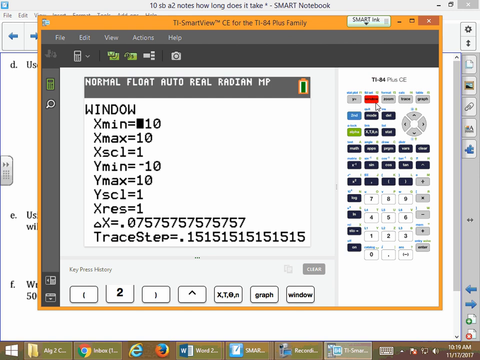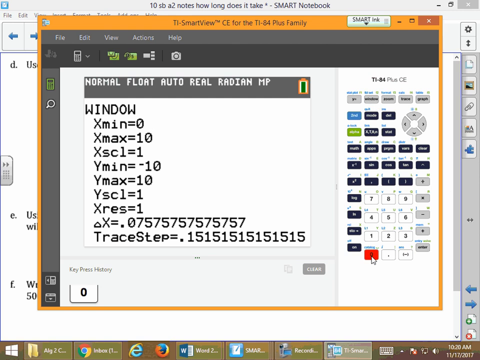But if you think about it, x in this formula is time. Is time ever going to be negative 10? It's never going to be negative 10. We have 0. That's our first value in our table, but we don't have anything after that. And we've got 1 hour and 2 hours and 3 hours and so forth.